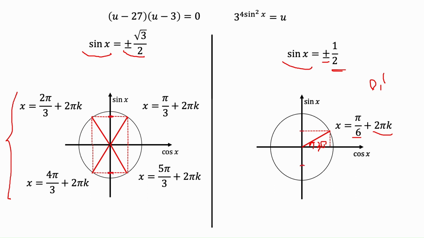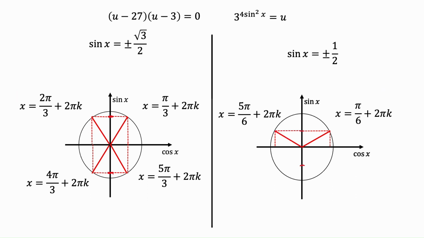And we can continue. Because we are on the sine axis, we will have another set of answers, which is 5 pi over 6 plus 2pk. And because sine can be equal to negative 1 over 2, we will have 7 pi over 6 plus 2pk.